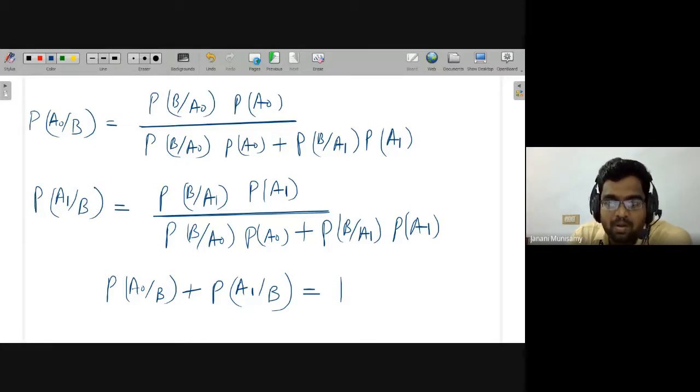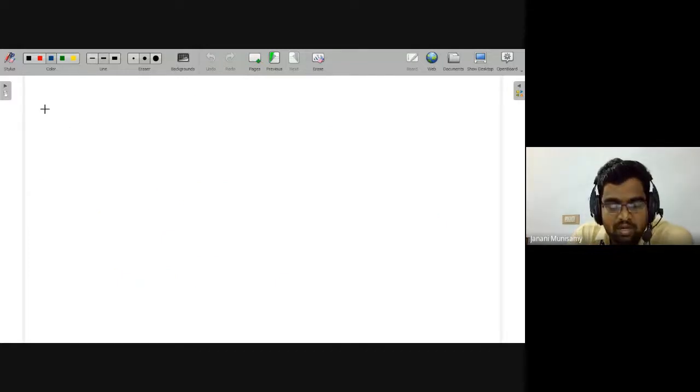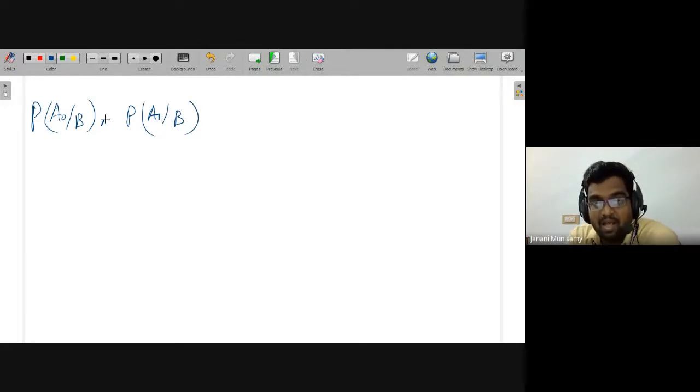So this probability we will call a posteriori probability: probability of A0 given B or probability of A1 given B. Now I have to decide. I have received something B, whether it is A0 or A1. Depending on the probability values, I have to decide what is the actual value at the output side.